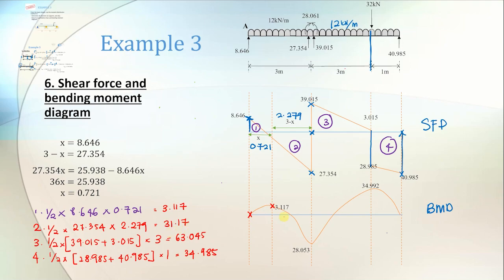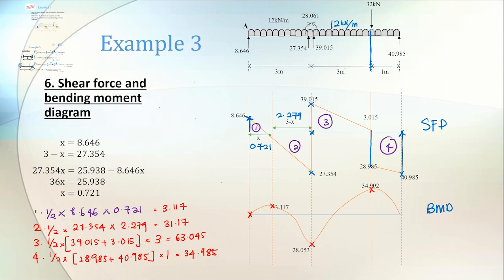So 3.117 minus, because area number 2 is negative, 3.117 minus 31.17. That's why I get negative 28.053. Area number 3 is positive here above, so plus 63.045, so I get 34.992.